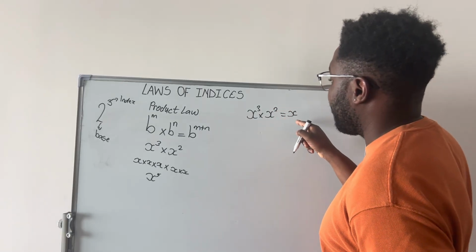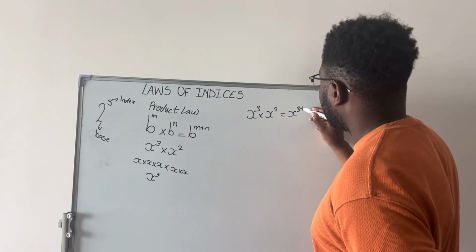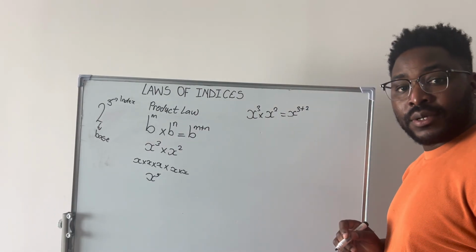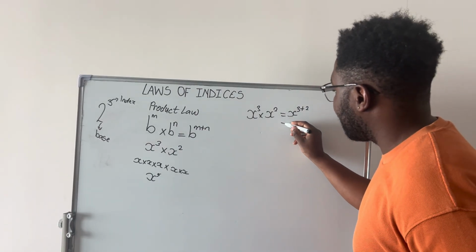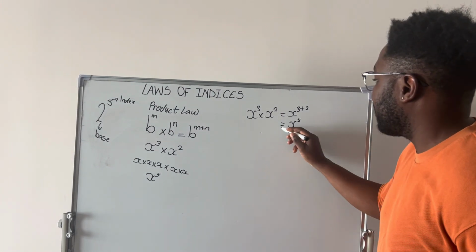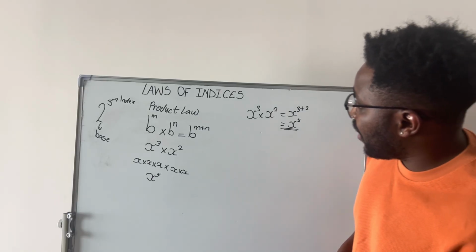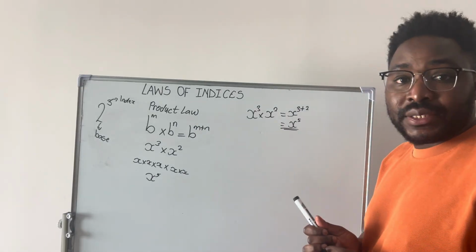So for us, it would be x to the power 3 plus 2. That gives us x to the power 5. Now we see how the product law works.